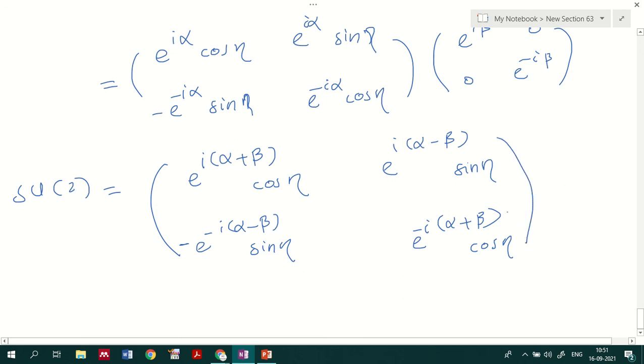This matrix we call the SU(2) matrix in this case.